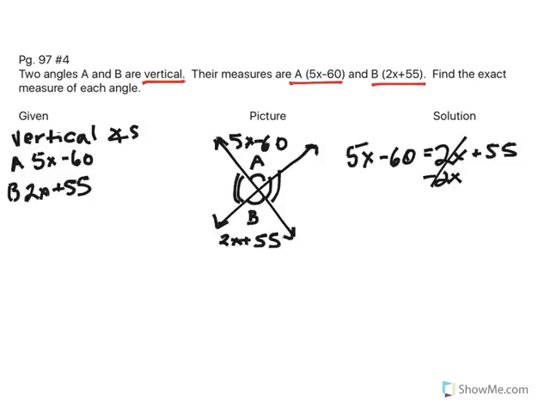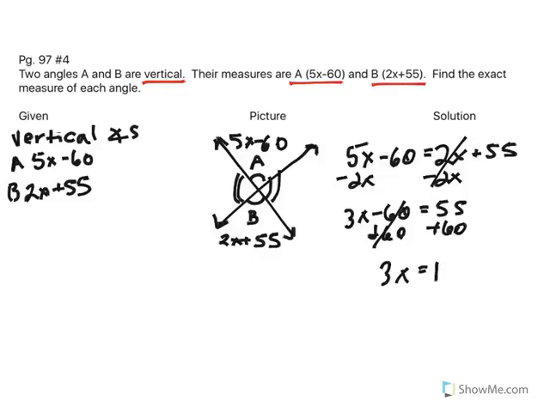Minus 2x, minus 2x. We get 3x minus 60 equals 55. Plus 60, plus 60. We get 3x equals 115, divided by 3.